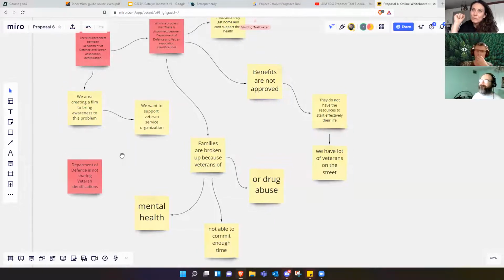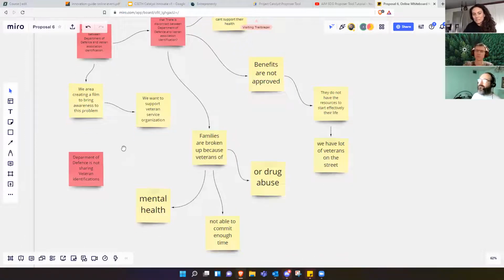I mean, sometimes they get the letters to submit for their things after the date that it's supposed to be submitted. So some of these veterans don't even have the chance to re-up and ask for their stuff, because they're making it, it's almost on purpose. They're trying to make them not get their benefits.